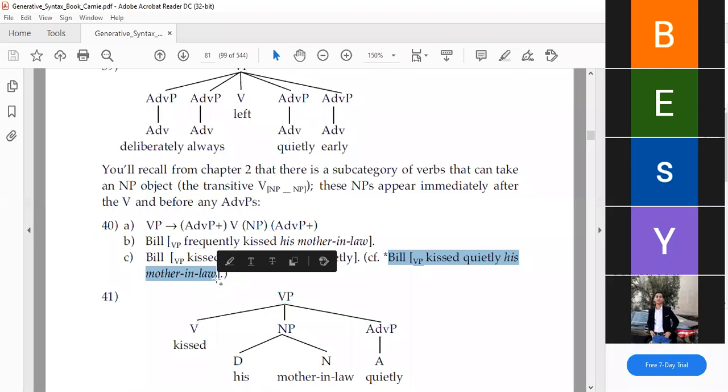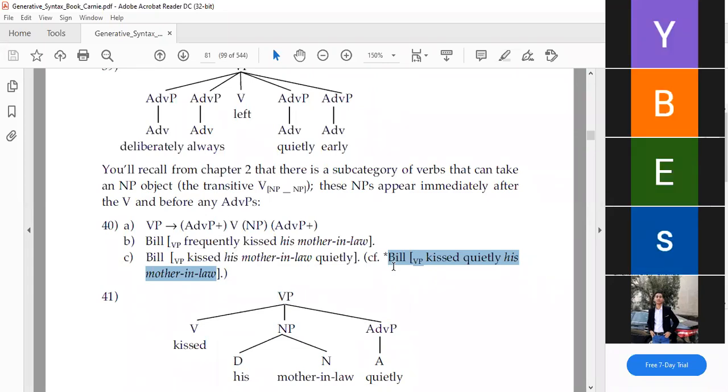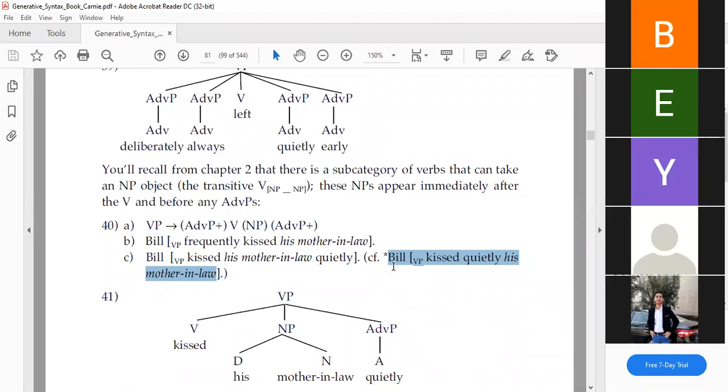Now, what's the problem in "Bill kissed quietly his mother-in-law"? Because the noun must come immediately after the verb and before any adverb. Excellent.